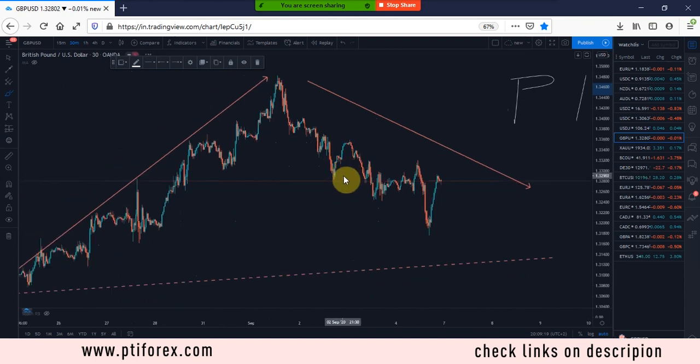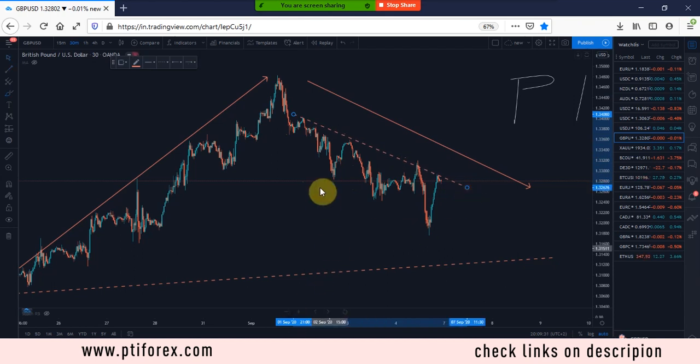Remember, we are using 3 time frames, the higher and the medium, and then the last time frame, the 30-minute. In the 30 minutes, we are looking at the pattern that is inside the bigger pattern, meaning we are now taking a further look into this downward channel or this minor downtrend which is inside the corrective wave.